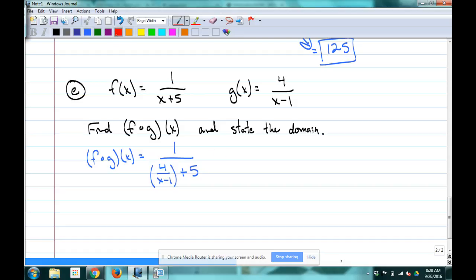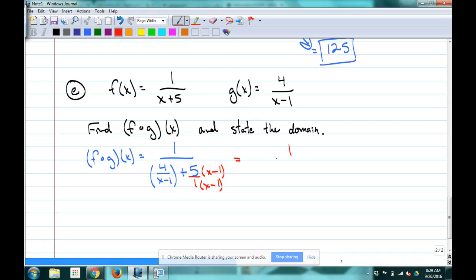Now, can we leave it like that? No, that's definitely not something we want to do. So what we want to do is get that in a little bit better rational form. Okay, so if I'm going to add 4 over x minus 1 to 5, what do they need to have? Same denominator, right? Common denominator with fractions. That common denominator would be x minus 1.